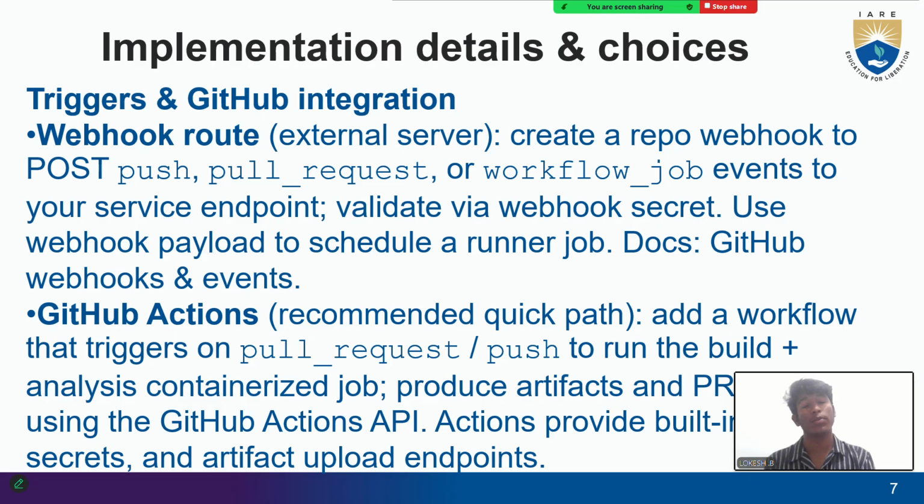See the GitHub webhooks and events docs. GitHub Actions is the recommended quick path: add a workflow that triggers on pull request or push to run the build plus analysis in a containerized job, and produce artifacts and PR comments using the GitHub Actions API. Actions provide built-in secrets and artifact upload endpoints.